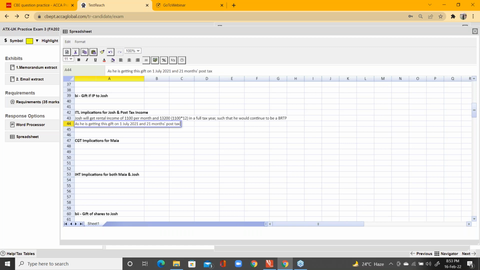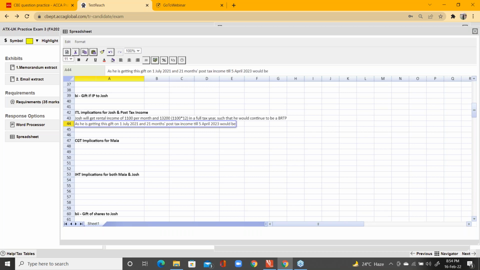Why are we considering 21 months? Because we are talking about 2 fiscal years, and if he received the gift on 1st July 21, the 2nd fiscal year will end on 5th April 23.